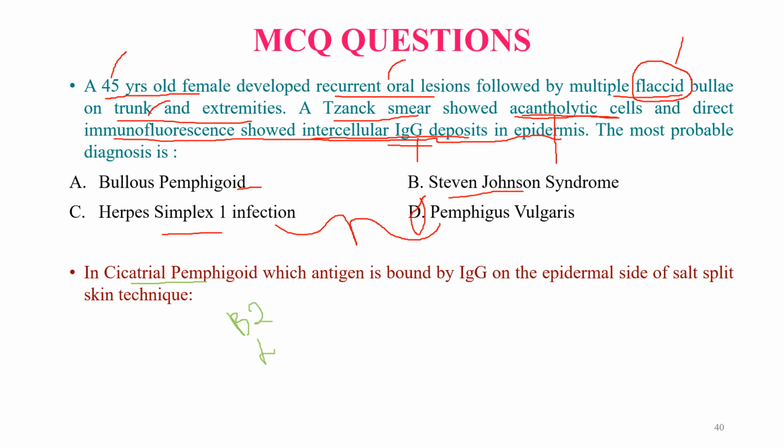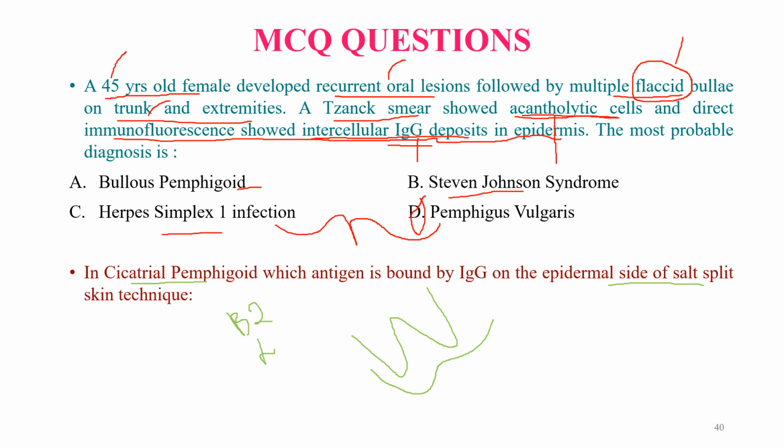Okay, then try to see what is this salt split technique. What is salt split technique? The manual splitting of the epithelium from the underlying connective tissue at the hemidesmosome and the lamina lucida junction. Okay, so this is how this happens.